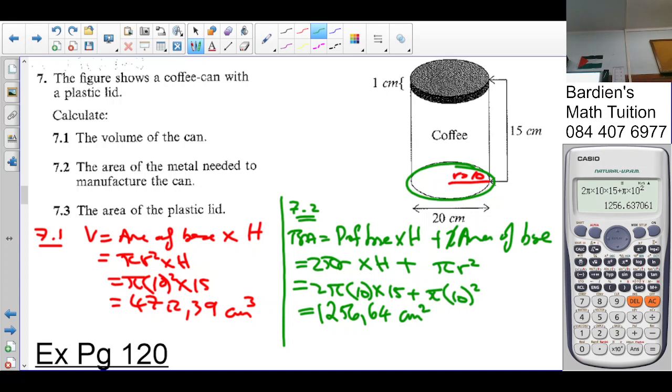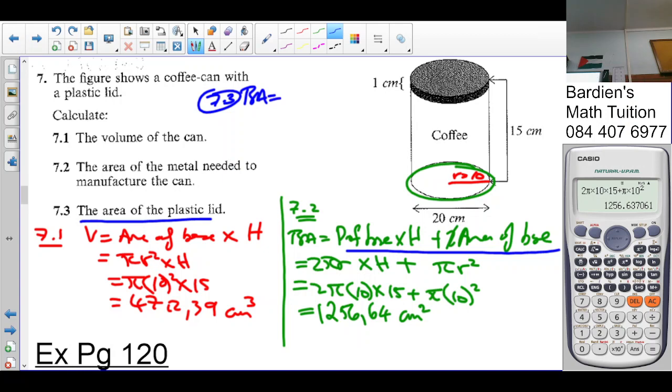7.3. They want you to calculate the area of the plastic lid. How do you calculate the total surface area? The external area. Total surface area is perimeter of base times height plus twice area of base. You look at the plastic lid.